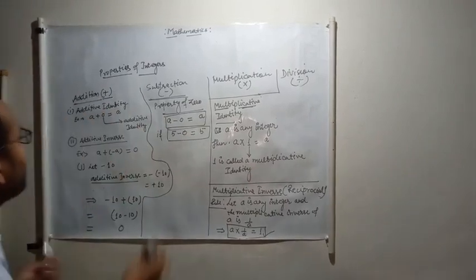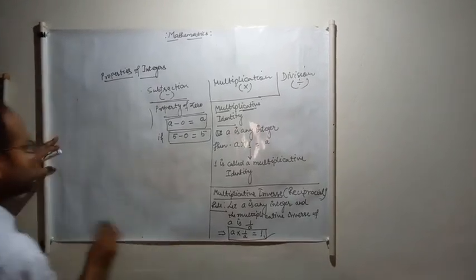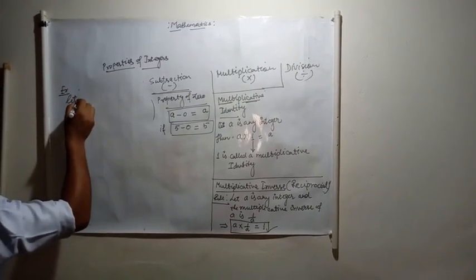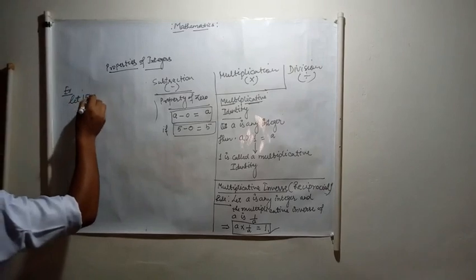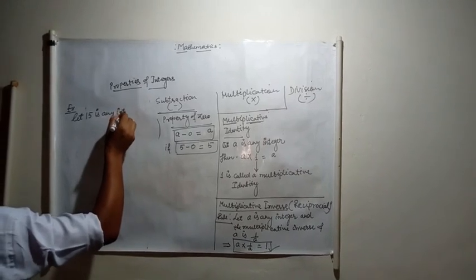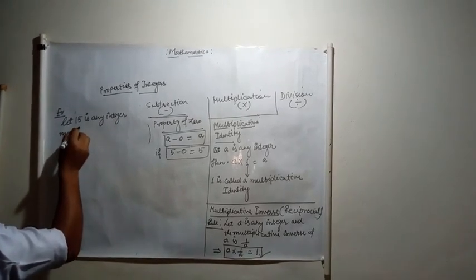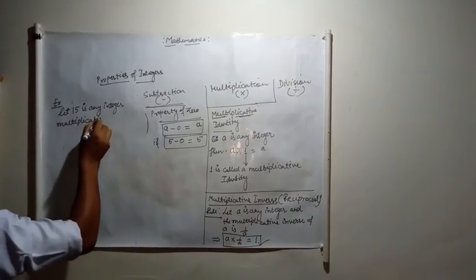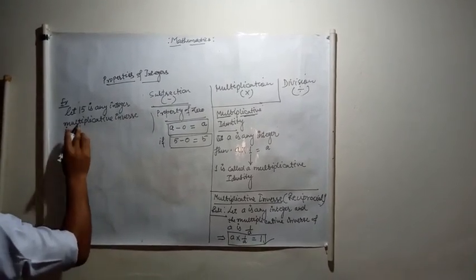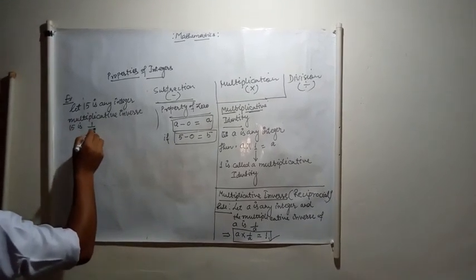I will show you with this example, students. Let 15 be any integer, and its multiplicative inverse is 1 upon 15.